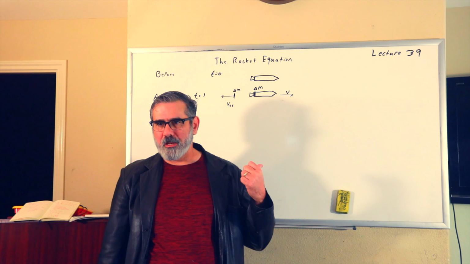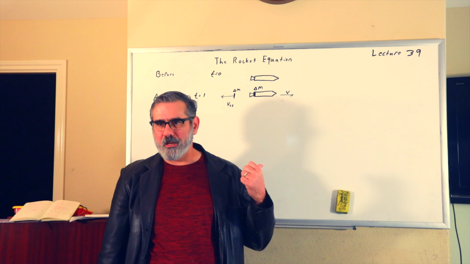So the velocity v will be the speed of the rocket once it gets going, but initially its velocity is 0. So here we have that v is equal to 0. Also, I'm going to write this as v sub 0, meaning v at time 0. This will be v at time 1, and so our objective here is to figure out how we can calculate v at time 1.